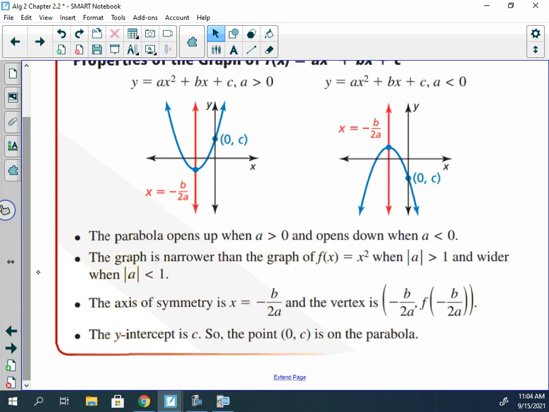Now the axis of symmetry for this here is still going to be x is equal to, but now it's going to be -b over 2a. Our vertex is going to be the point -b over 2a, comma, f of -b over 2a.